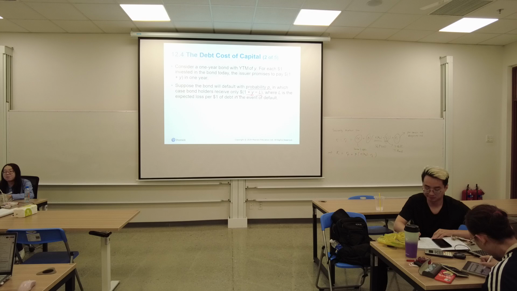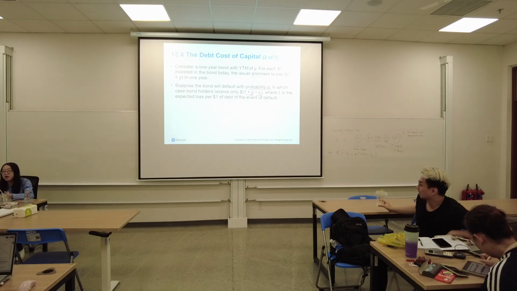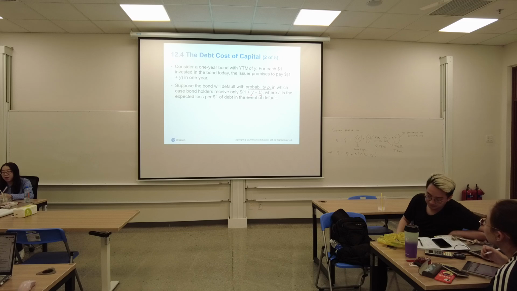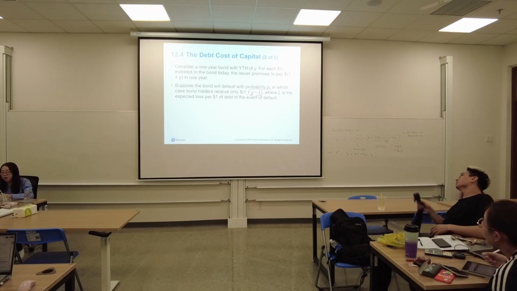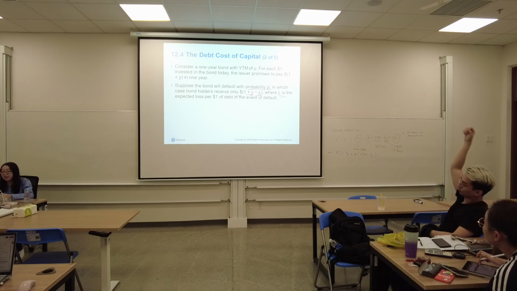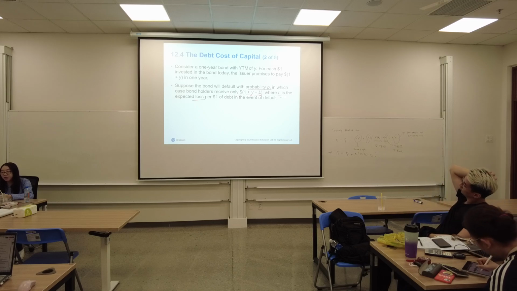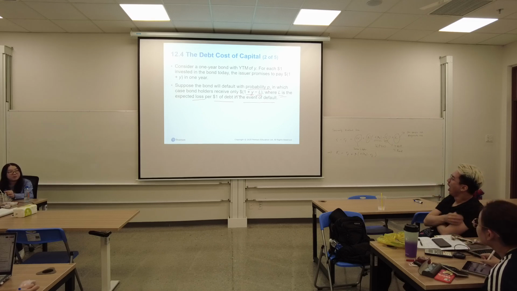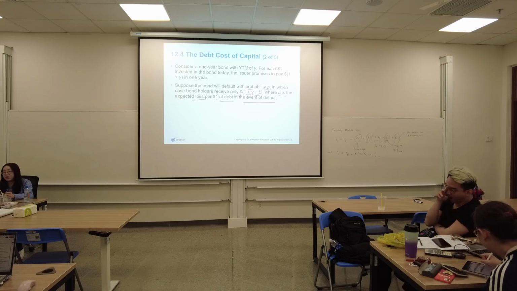For example, with 60% default, it is 1 plus the yield to maturity minus the probability of default. This is the expected loss per $1 of debt in the event of default. Any questions so far?